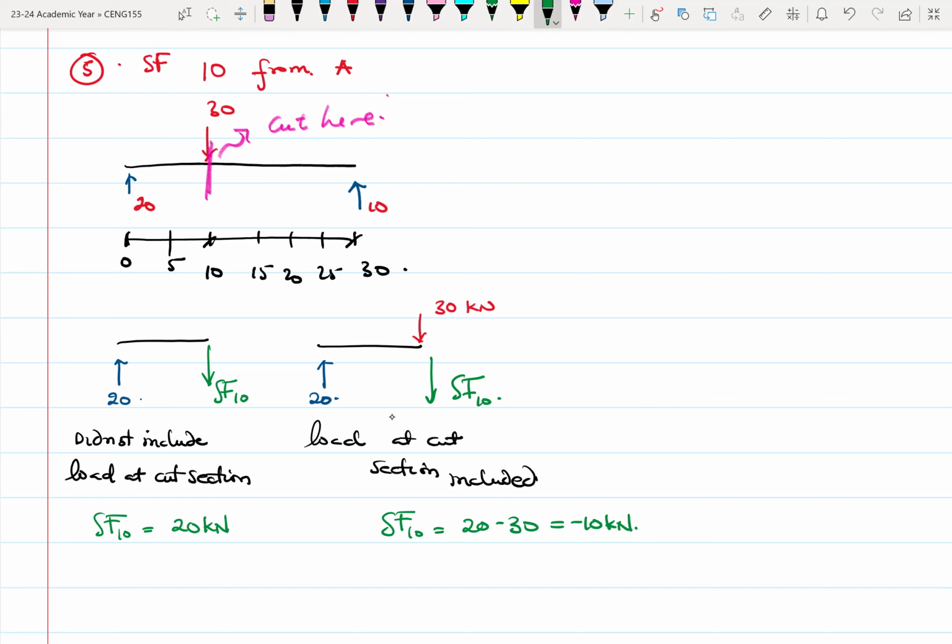So anytime you come across an external point load, we need to capture that slicing behavior.